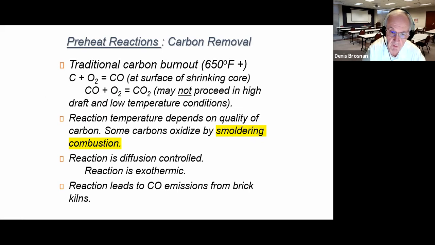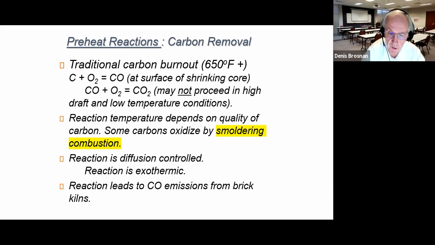Typical reaction, carbon plus oxygen gives carbon monoxide or carbon dioxide, and that's what we expect when carbon oxidizes. It's not always what we get. Low temperature oxidation of carbon can produce CO that can make its way down the tunnel kiln.